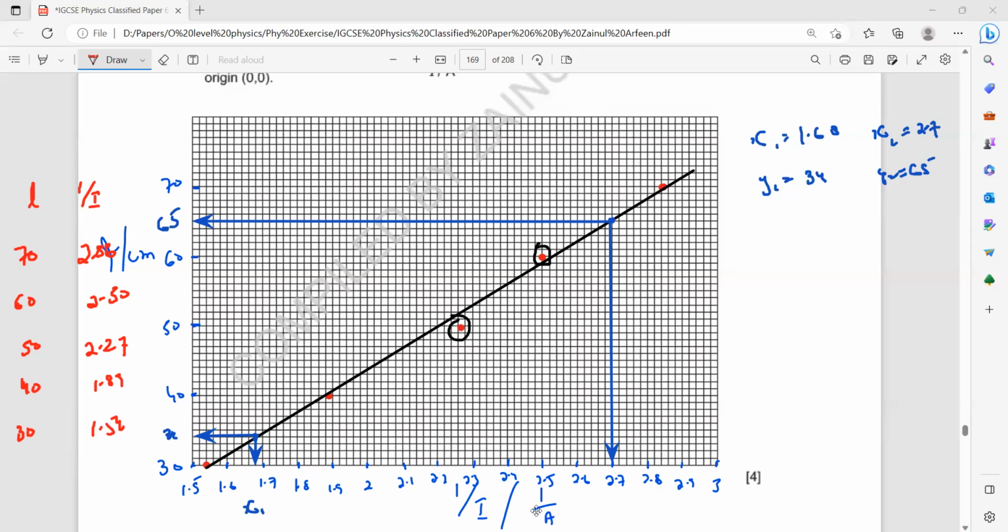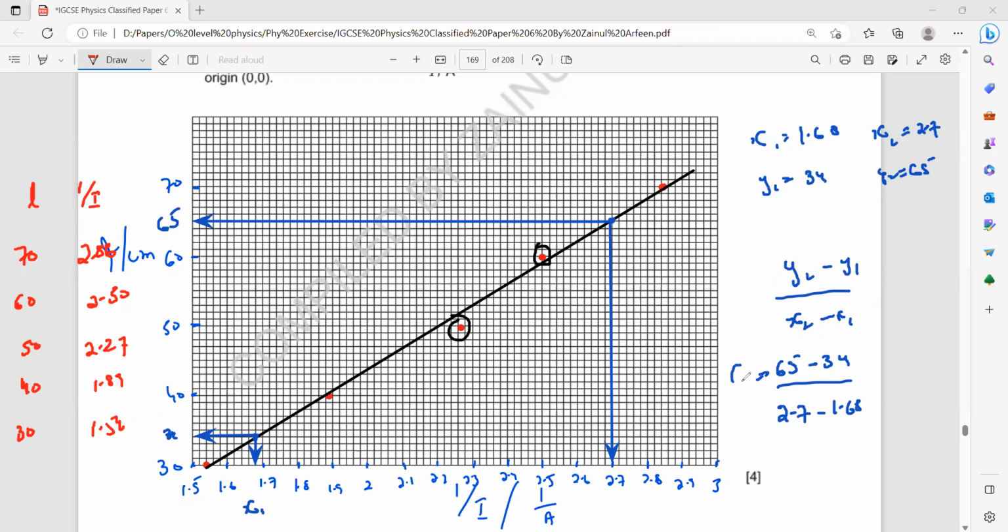Now, finding the gradient, what is the formula for gradient? y2 minus y1 over x2 minus x1. So y2 is 65, y1 is 34, x2 is 2.7 and x1 is 1.68.